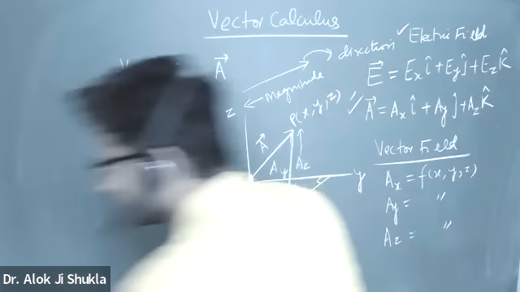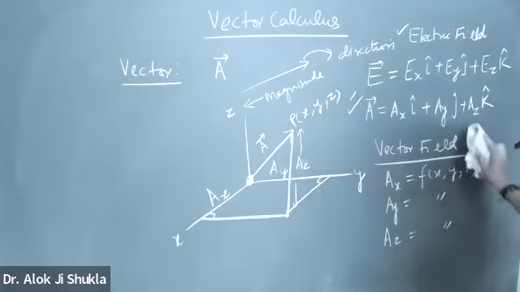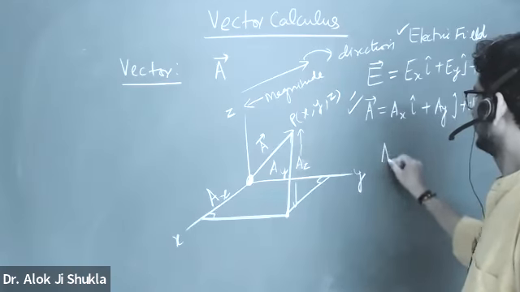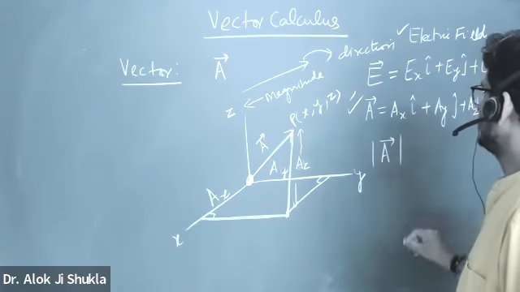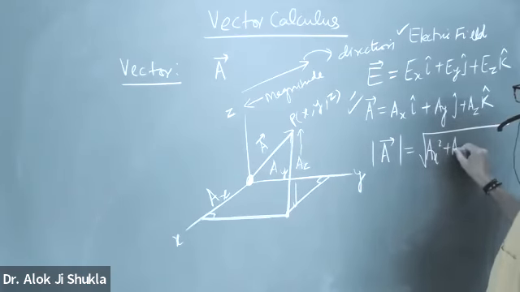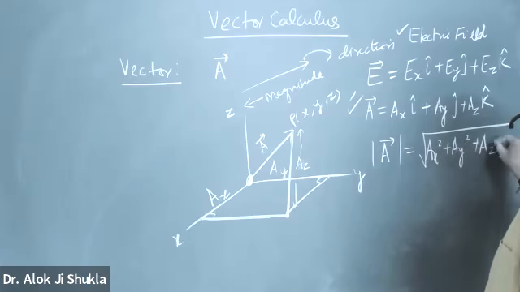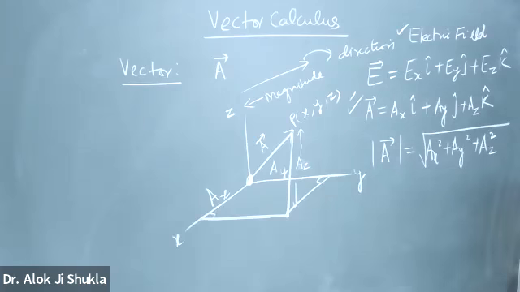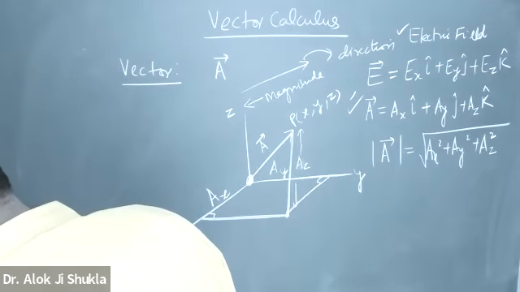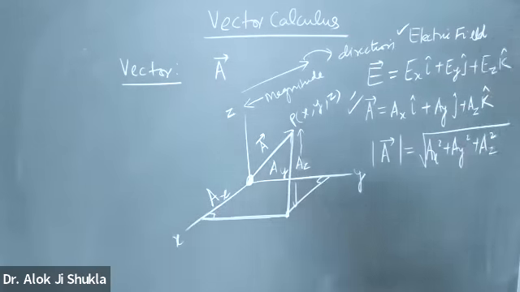And if you want to write the magnitude of this vector A, it will be given by under root of ax square plus ay square plus az square, which is also called the three-dimensional Pythagoras theorem. Correct? Is it okay? So first of all, it was necessary to explain the representation of a vector. So this is the representation.